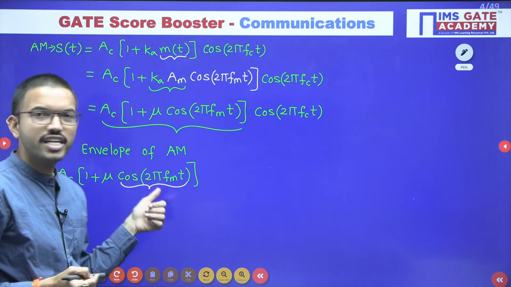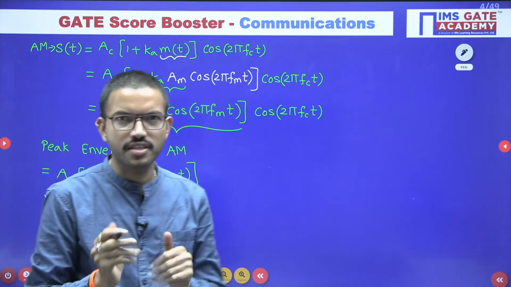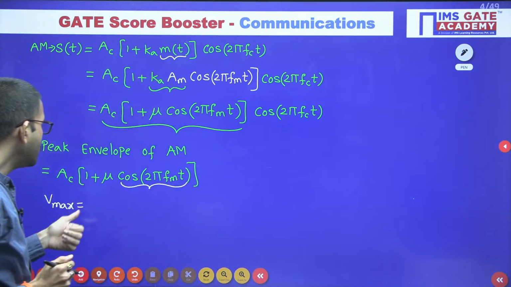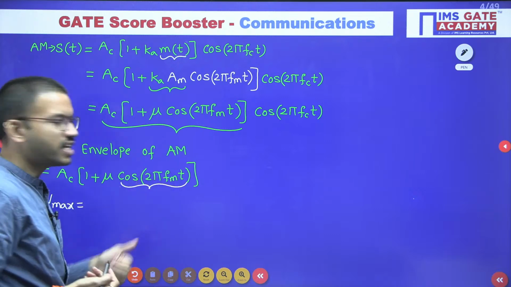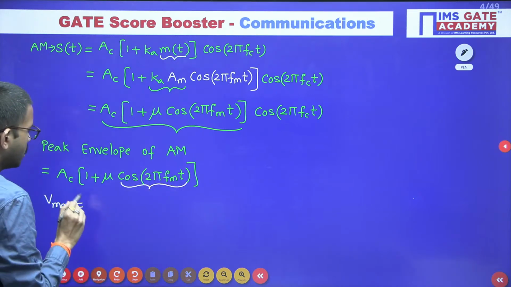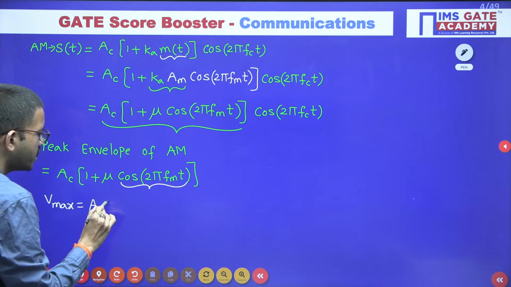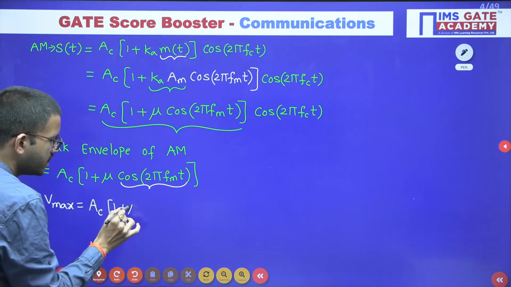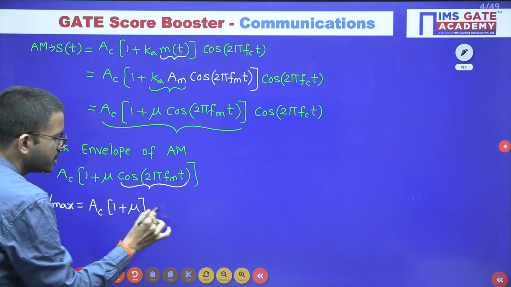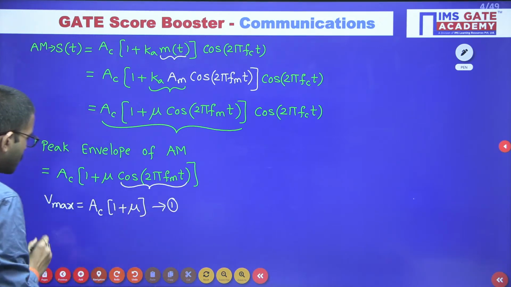In general, the cos signal will vary between -1 to +1. Okay. So if you want the maximum value, that means you have to consider the cos term at its maximum. That will happen at +1. So that means here Vmax you are going to get Ac into 1 plus mu. Okay, this one you can label as equation number 1.